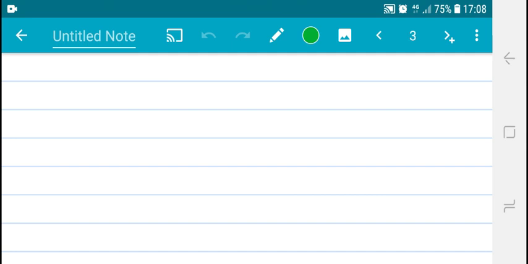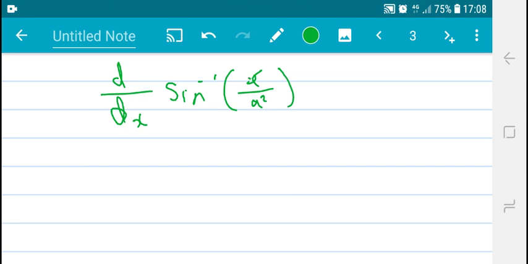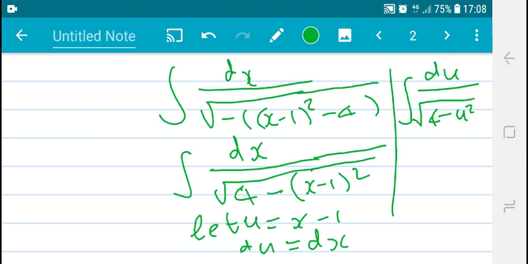So basically, if I differentiate the arc sine, so d/dx of sine minus 1 of x over a, I'm basically going to get 1 over the square root of a squared minus x squared, right? And applying this basic result that we probably would have obtained from calculus 1, we can simply apply it here.